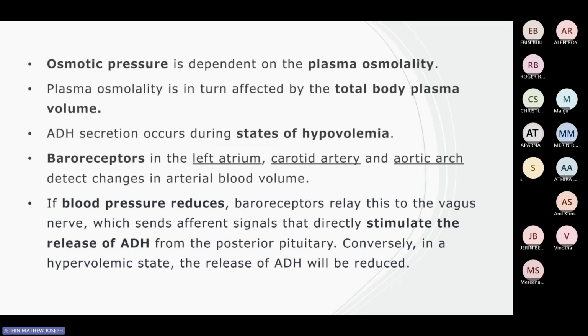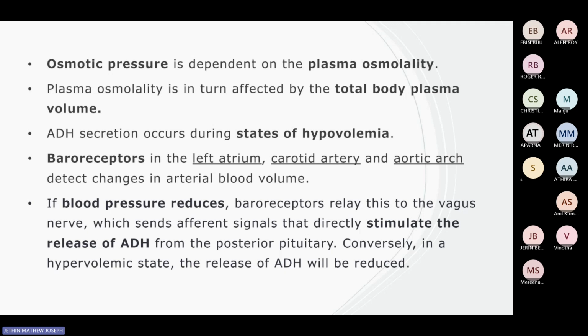Osmolality is dependent on osmotic pressure. What is osmolality? Osmolality is basically the measure of solute in the plasma. So osmotic pressure is dependent on plasma osmolality, and that in turn is affected by the plasma volume.